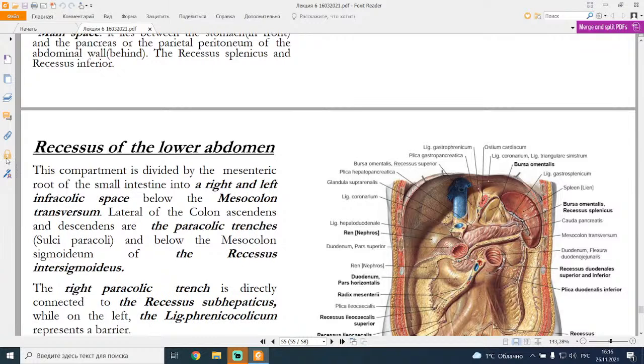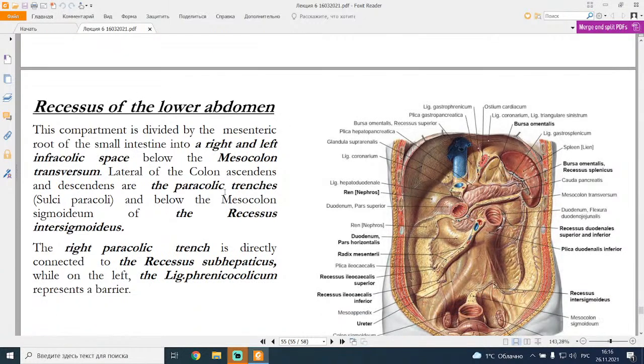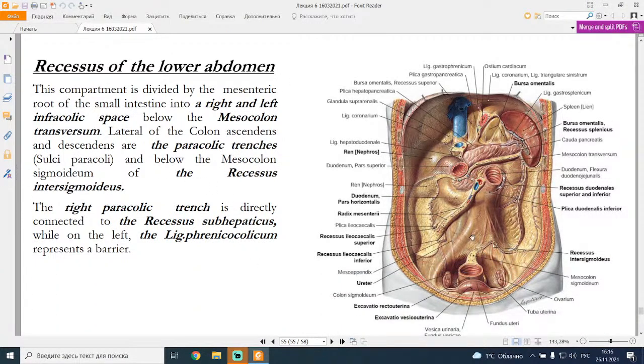Recesses of the lower abdomen. This compartment is divided by the mesenteric root of the small intestine into right and left intracolic space below the mesocolon transversum.